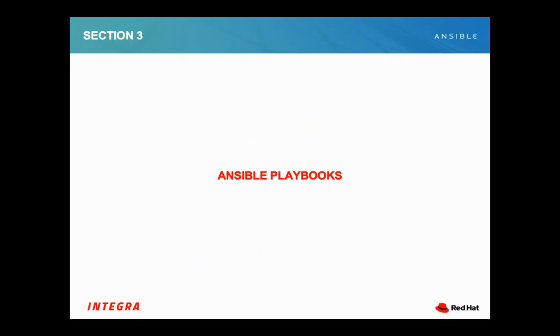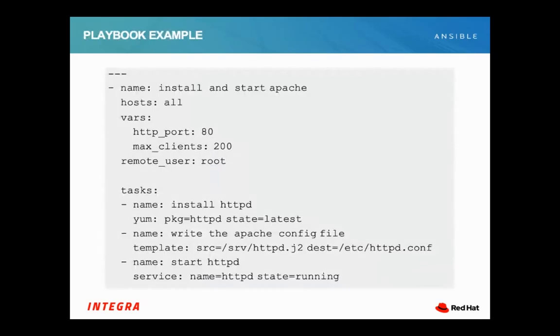Okay, let's see how a playbook actually looks. This is an example of a playbook. Inside a playbook, there will be many plays written. A play consists of a set of tasks to be performed.